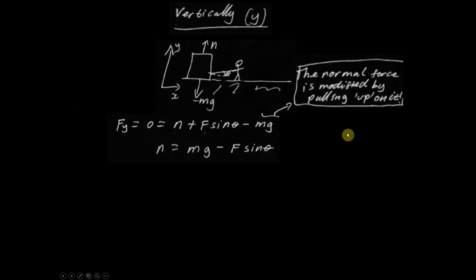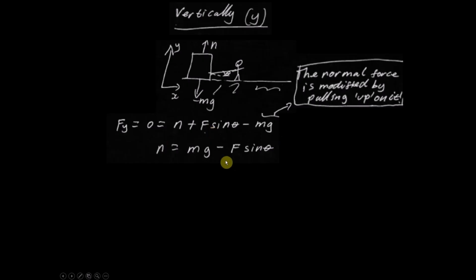The normal force, of course, here, this is a statement of our force, is going to be modified by pulling up on it. So n, if we rearrange for n here, because this is equal to 0, will give us mg minus F sine theta. So this is our new n value, and that's what you have to consider, what's happening to n because we're pulling up by this force.